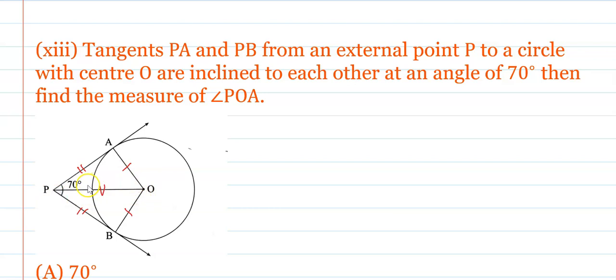It means that triangle PAO is congruent to triangle PBO. By which test?